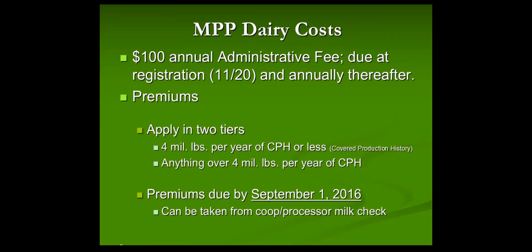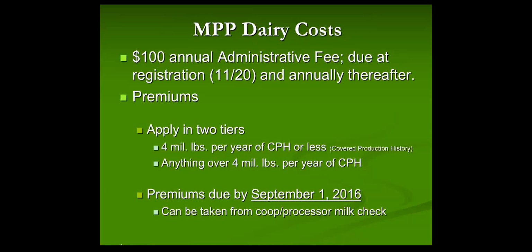There are 2 tiers of payments depending upon the level of coverage that you're working with. It's called CPH, the covered production history. The first 4 million pounds of what you decide to cover is at a lower rate than the pounds of milk that you cover over the 4 million pounds. We'll look at some of those charts and so forth.